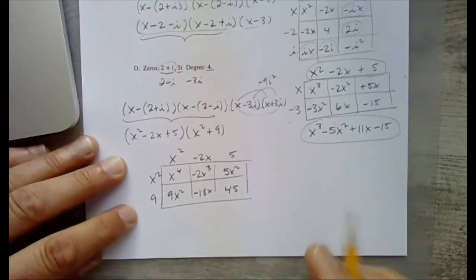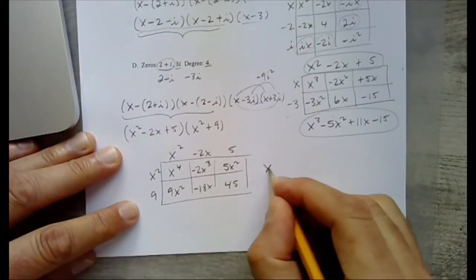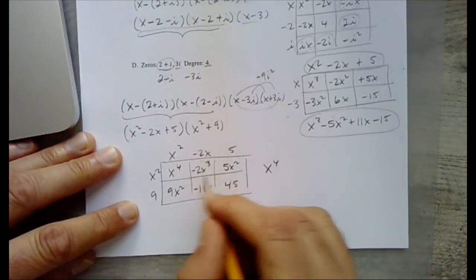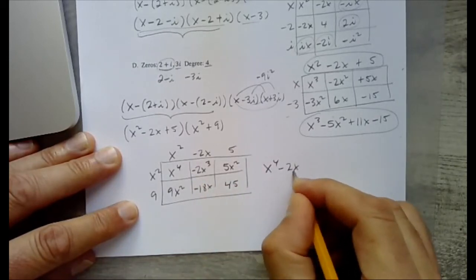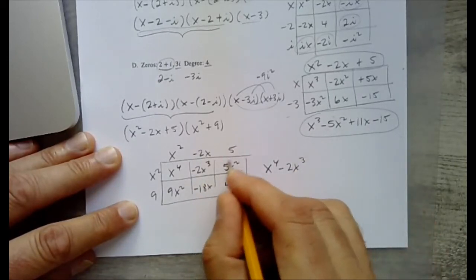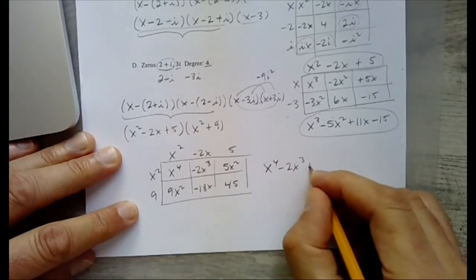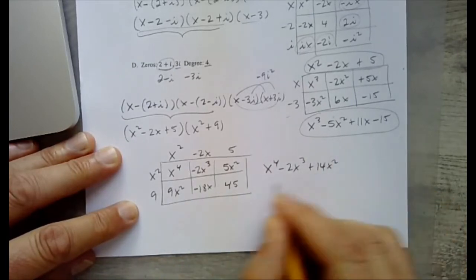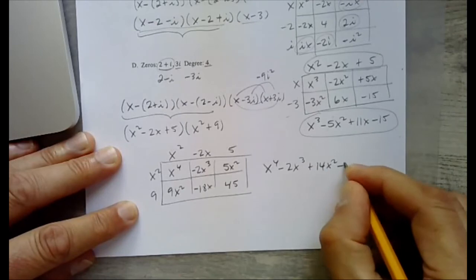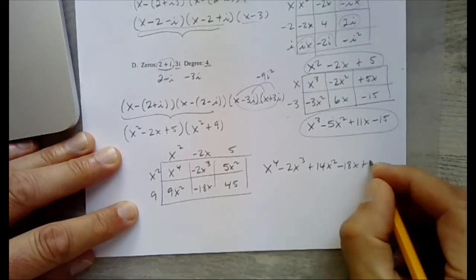Okay, so my answer then will be x to the fourth. This is the only x to the third in there. And then 5x squared and 9x squared will give me plus 14x squared minus 18x plus 45.